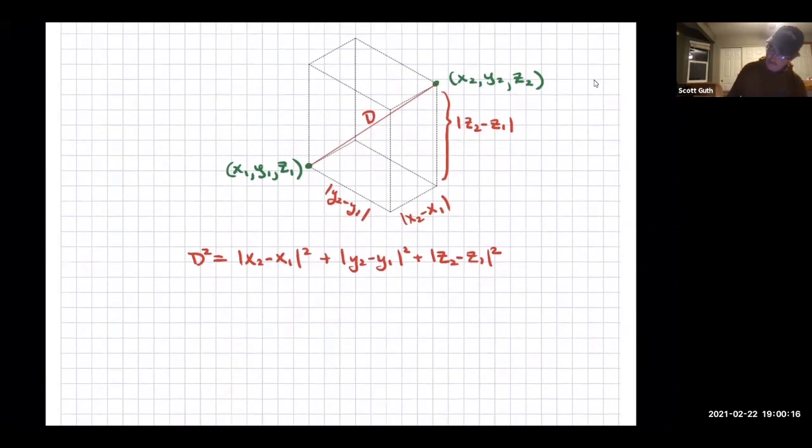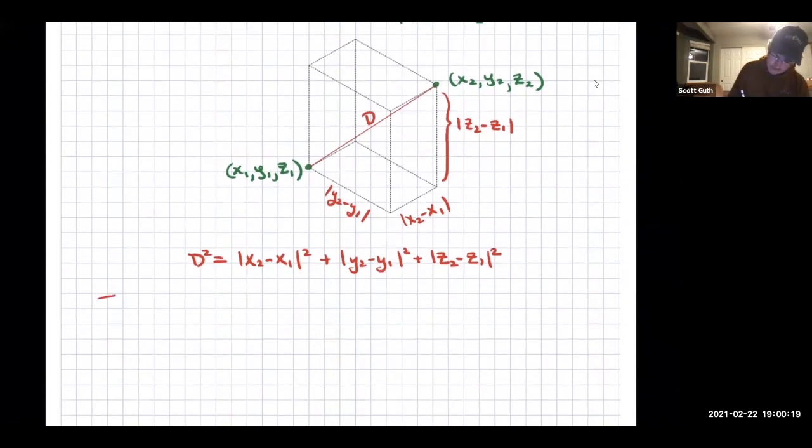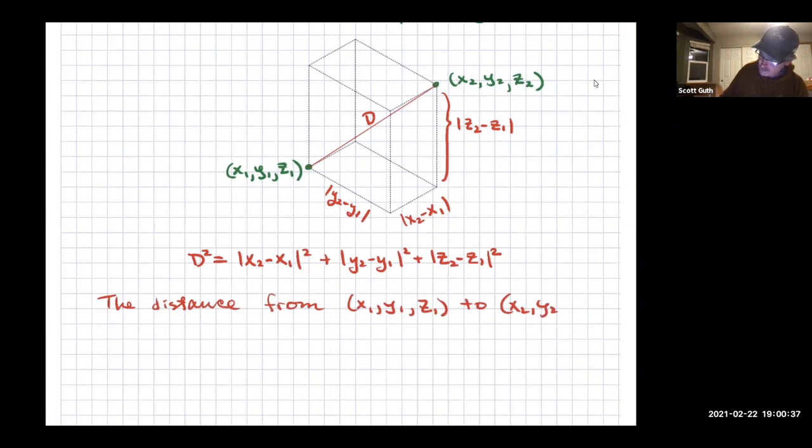Okay, so the distance from x1, y1, z1 to x2, y2, z2 is the square root of the above.